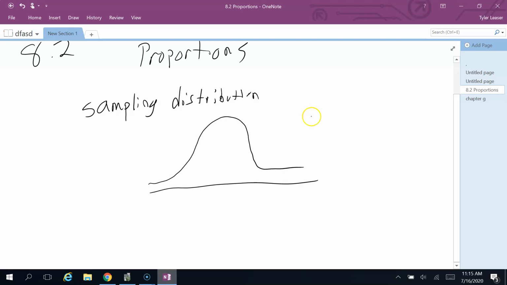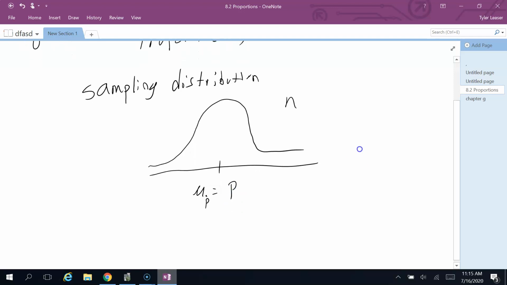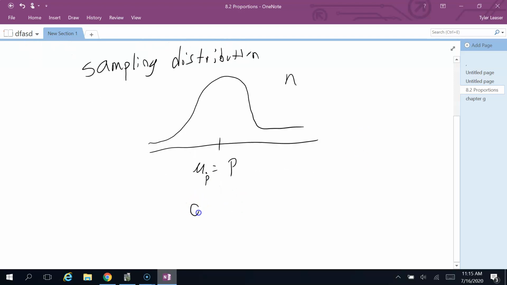But if the sampling distribution for a certain sample size is normal, it's going to have a mean, which we call mu sub p hat. The mean of the sampling distribution of proportions is whatever the population proportion little p is. The standard deviation of the sampling distribution p hat, this is a pretty complicated looking formula.